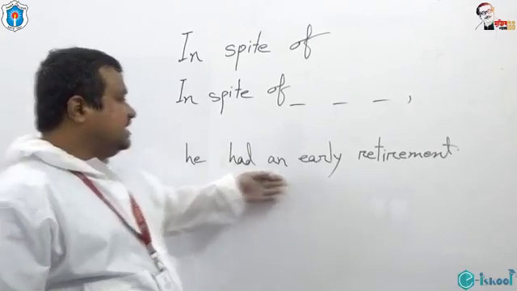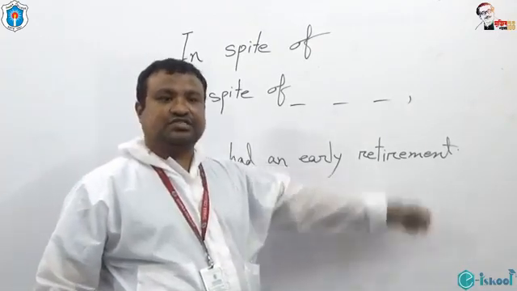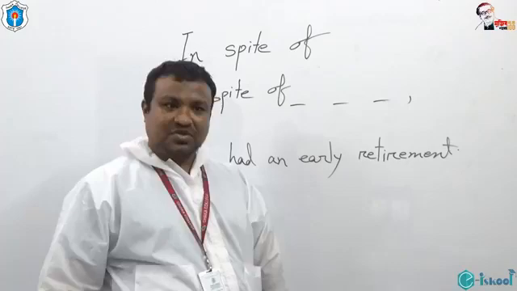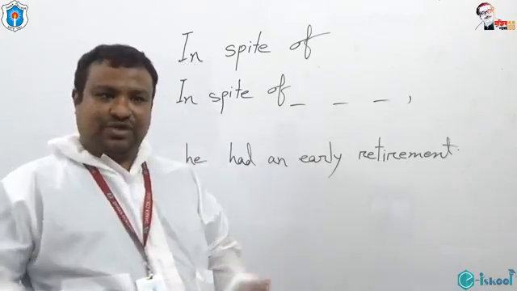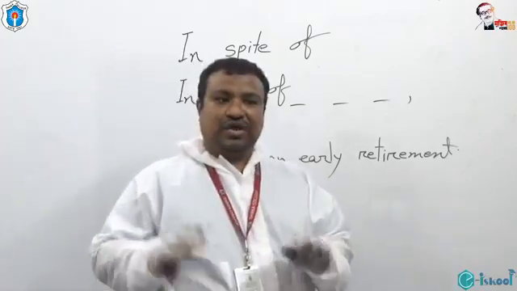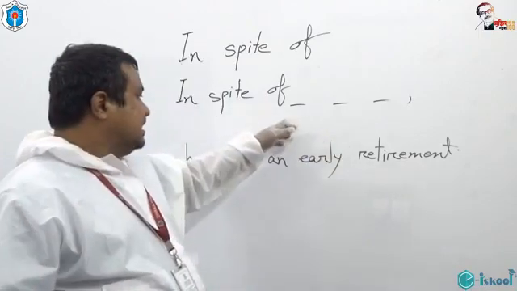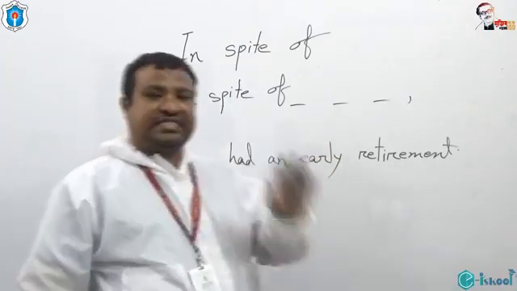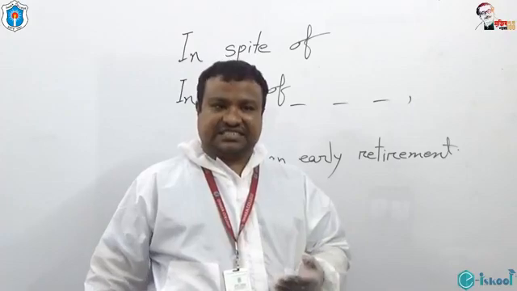Then we see the principal clause, he had an early retirement. So what will we do? Of course, we will fill this portion with the structure I have just taught.